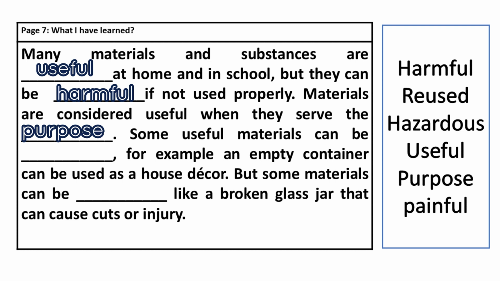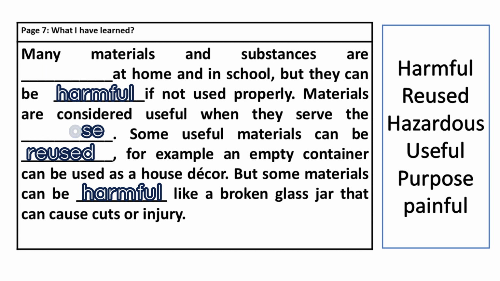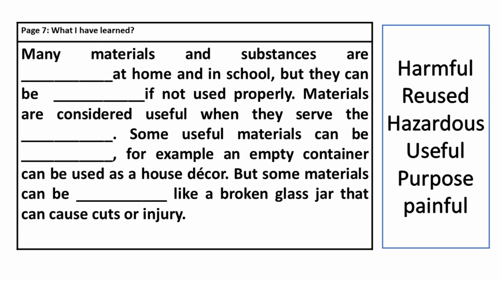Some useful materials can be, number 4, reused or recycled. For example, an empty container can be used as house decor, but some materials can be, number 5, harmful, like a broken glass jar that can cause cuts or injury.